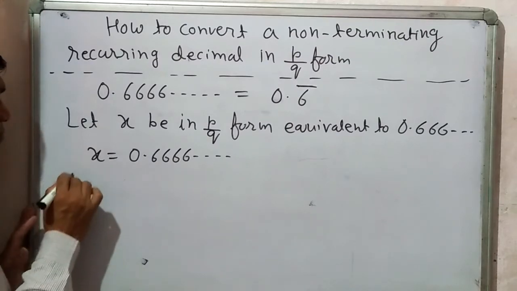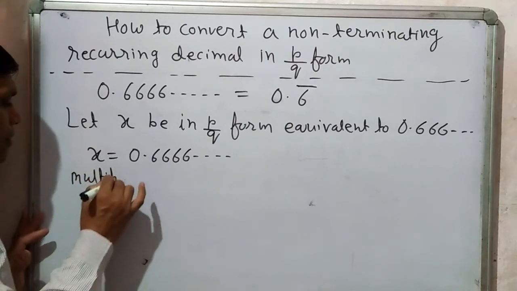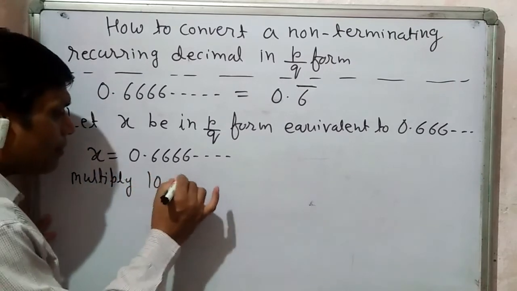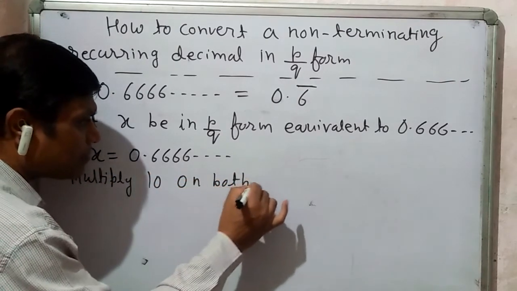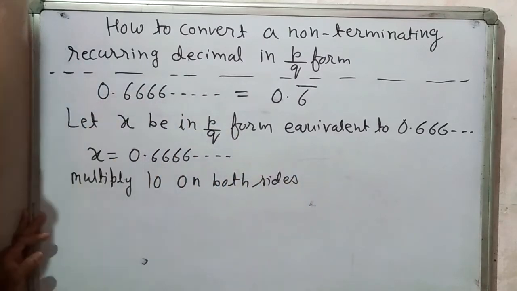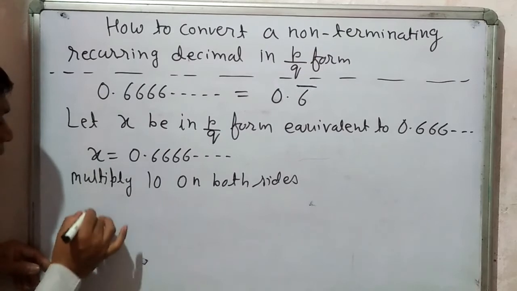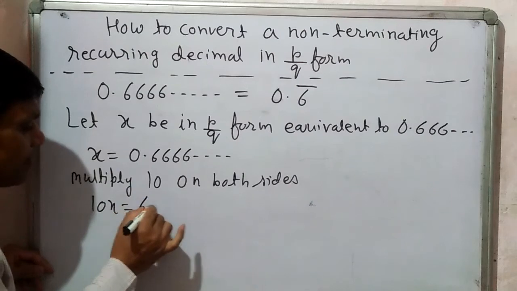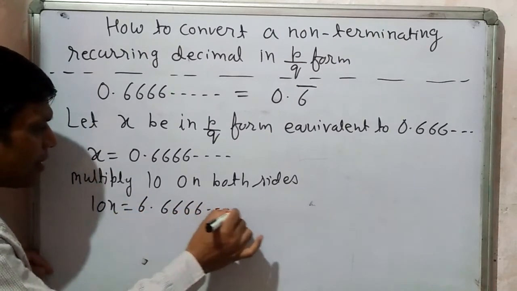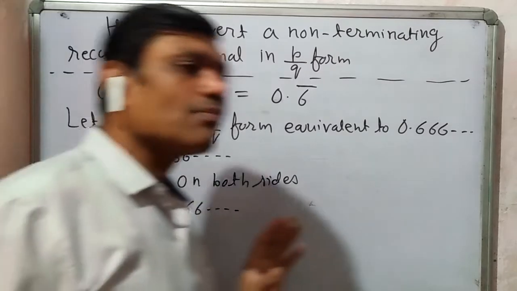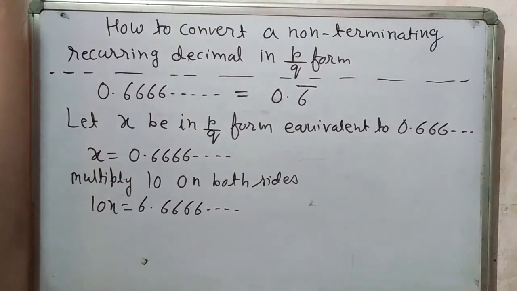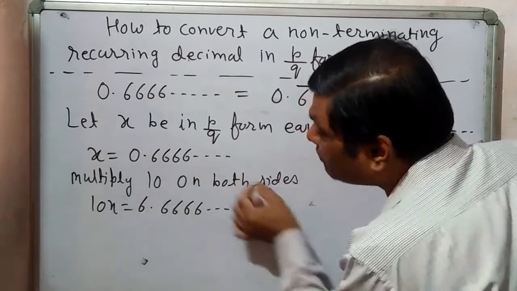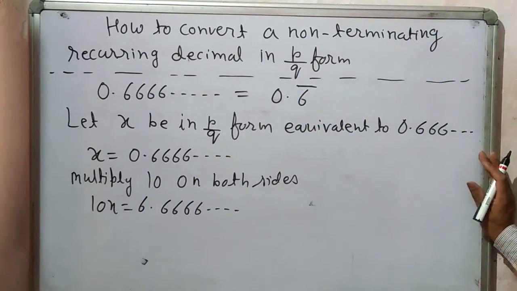Now if we multiply 10 on both sides, what shall we get? Multiplying x with 10, we get 10x. Multiplying 0.666, we get 6.666 repeated infinite times. Why are we multiplying with 10? Because a single digit, 6, has been repeated. Only 6 has been repeated after the decimal. So we have multiplied it with 10.